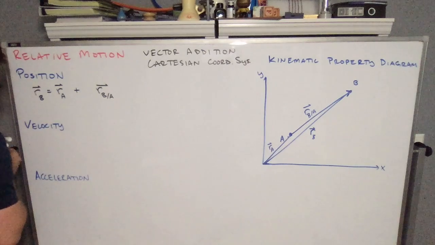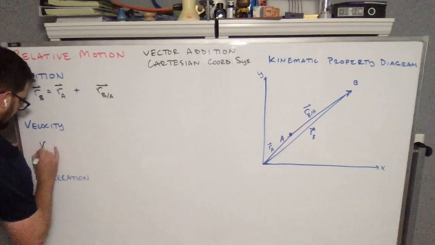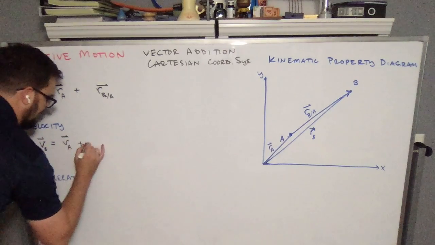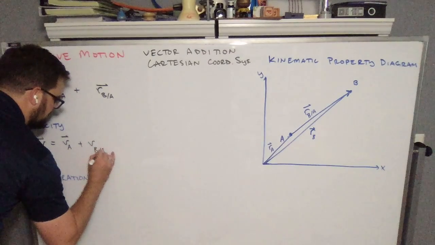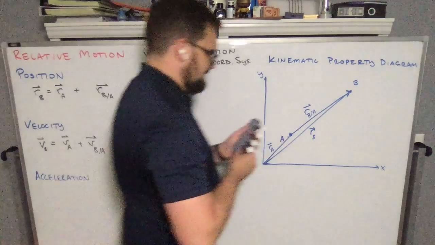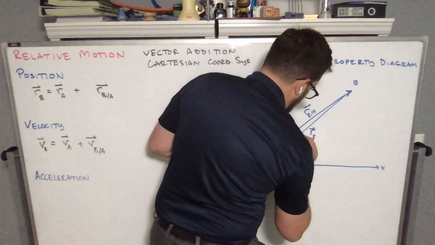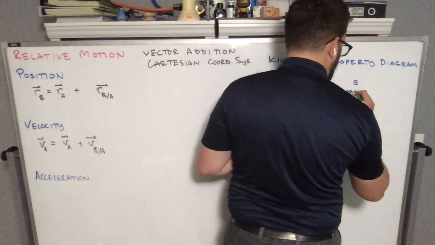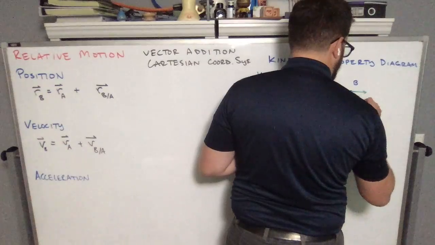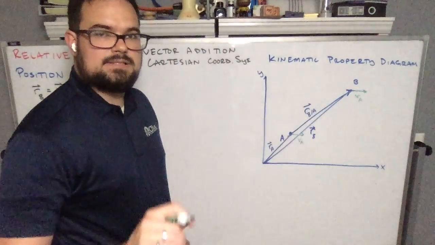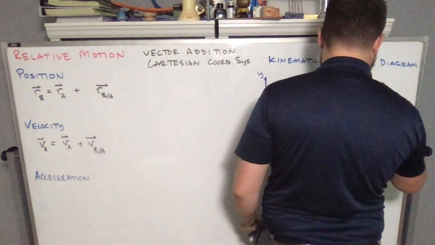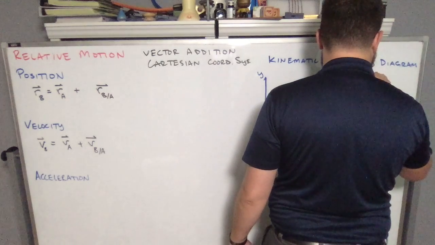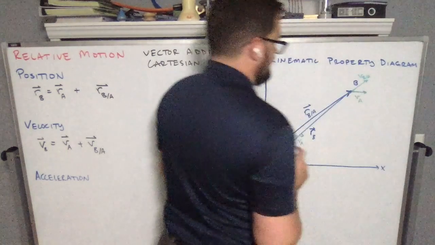Now, when we think about the velocity, we're going to do the same thing. And so if we wanted to know the velocity of point B, and we knew the velocity of point A, and we knew the relative velocity of B with respect to A, we could just add them up. So let's say that we knew that point A was going like so, and if we wanted to find the velocity of point B, we could do velocity at A plus B with respect to A. So let's say that that's this direction, like so.